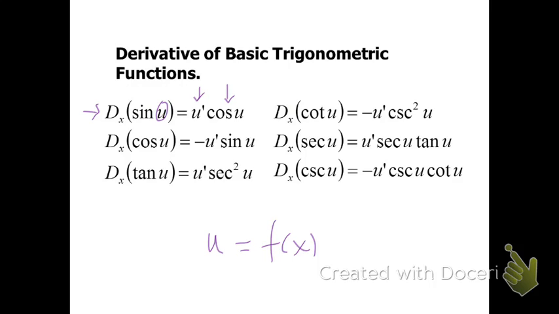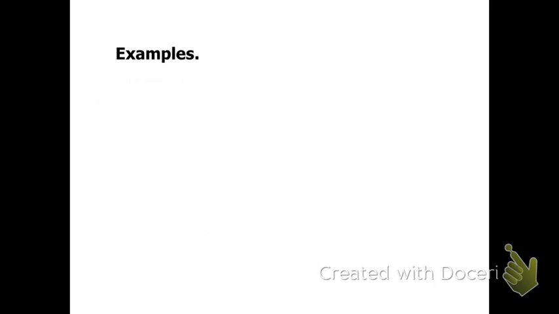I'm going to work with some examples using these 6 rules in the next slide. So the next slide is going to be this one. We're going to write some examples. We're going to start with the easier examples.